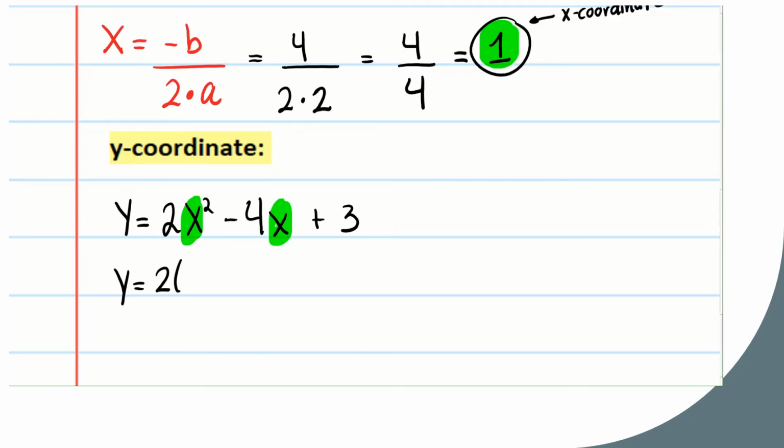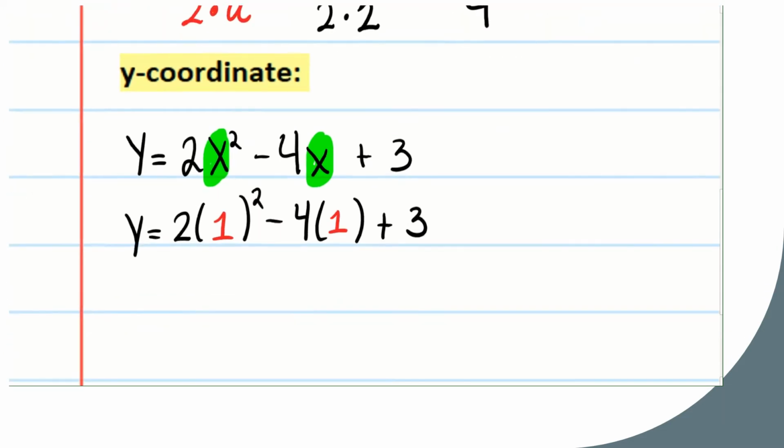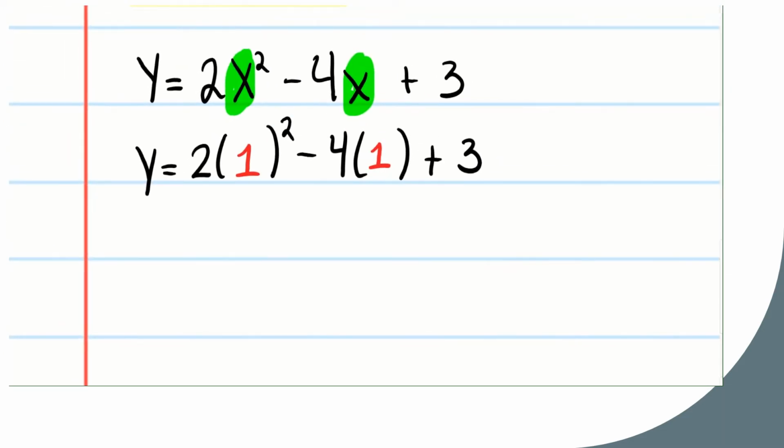So let's rewrite this equation again. I'm going to put parentheses everywhere I'm going to substitute, in the same places that we highlighted. Let's plug in our value for x, which was positive 1. Again, we got that from the earlier work that we did. Then I'm going to work from left to right. First, I need to do exponents. So 1 squared will give us positive 1.